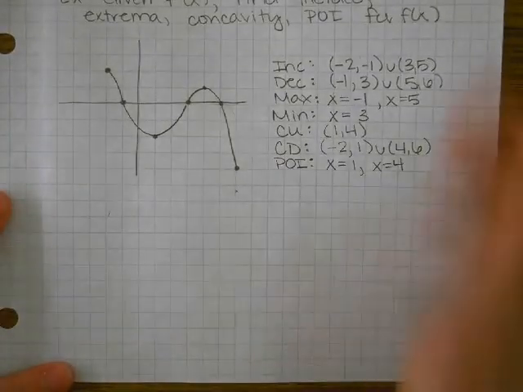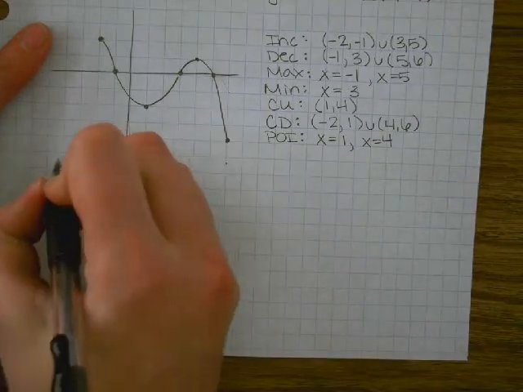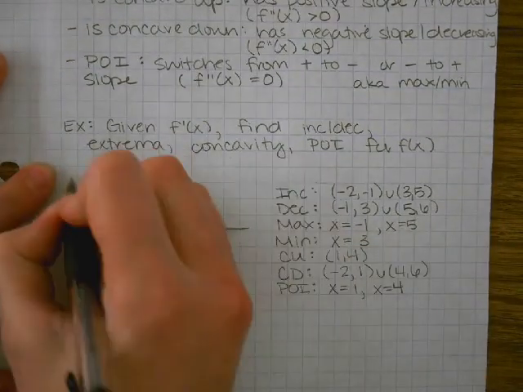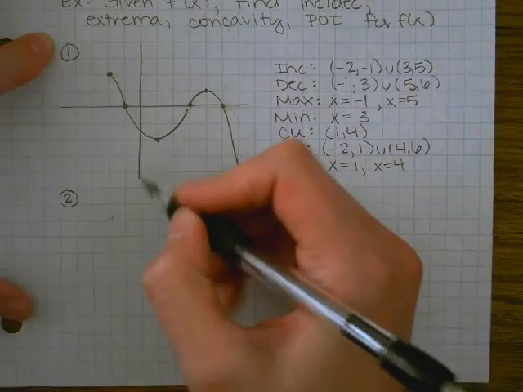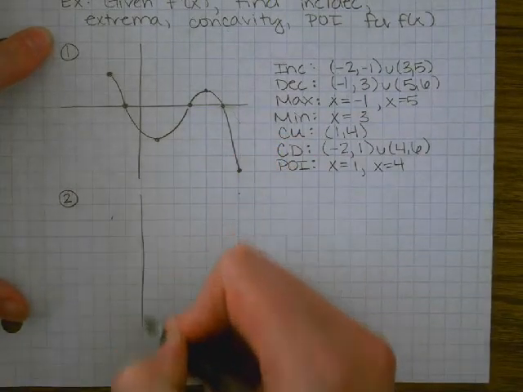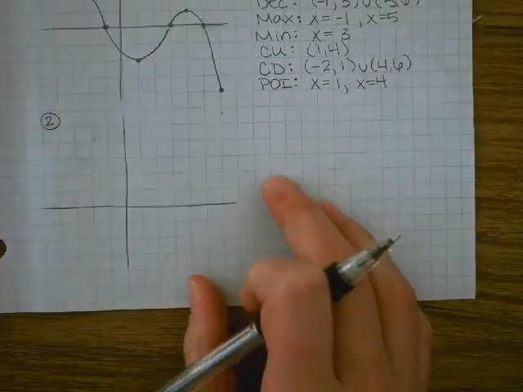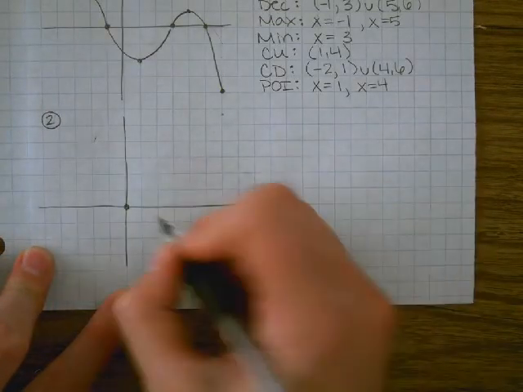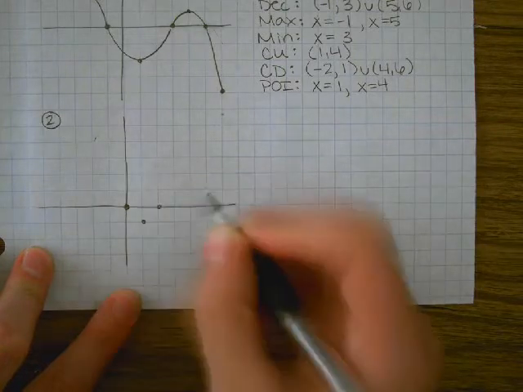Okay, so we're going to do another example of this. Well, I'm going to go up and call this example 1. This will be example 2. So we're going to start the graph at 0, 0. And then it's going to go down 1 to the right 1, and then to the right 1 up 1.